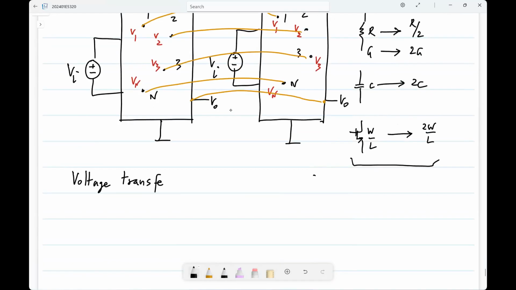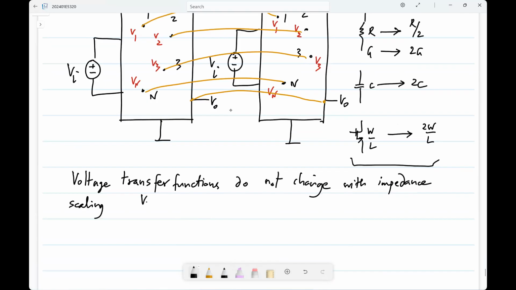Voltage transfer functions do not change with impedance scaling. Okay. That is, you take any Vk by V naught, it doesn't change, right?